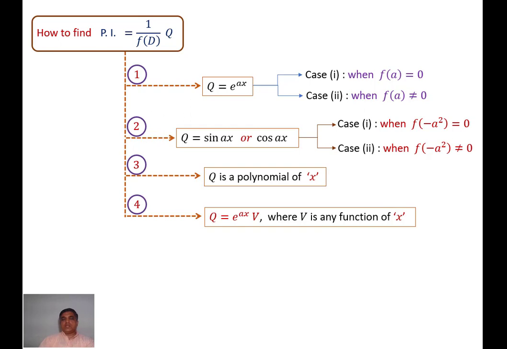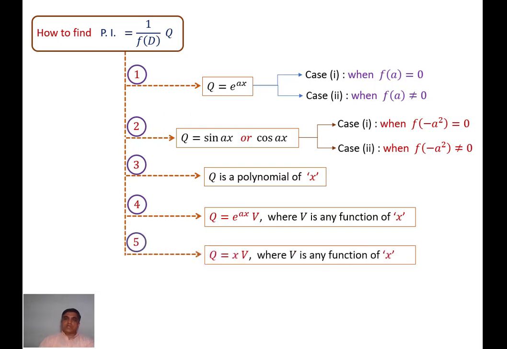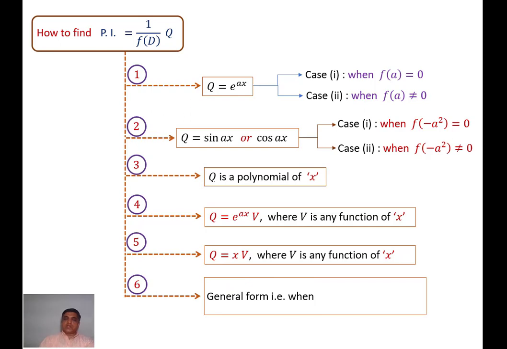Fourth, when Q is equal to e power ax into V, where V is any function of x. Fifth, when Q is equal to x into V, where V is any function of x. And sixth, we will discuss the general form, that is, when 1 upon f(D) of Q is in the form of 1 upon D minus alpha of Q.